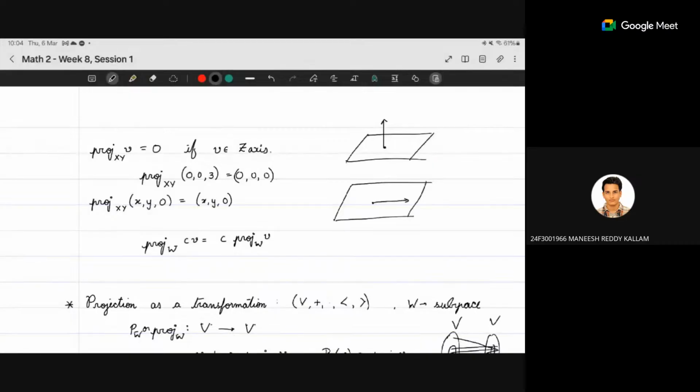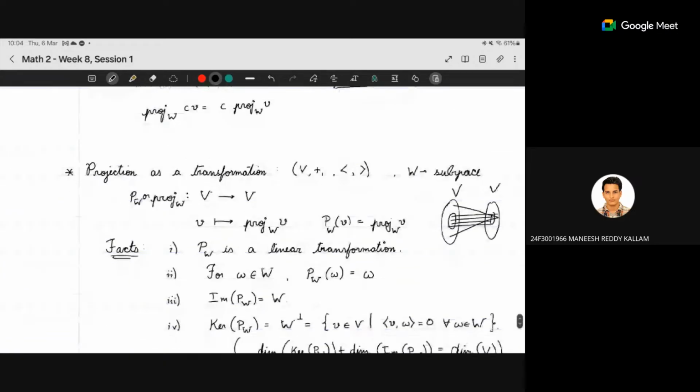R3 is the parent or the universal vector space. And the XY plane is the plane that you are projecting onto. So the domain of my linear transformation is a vector space V, and the linear transformation is projection onto a subspace W.